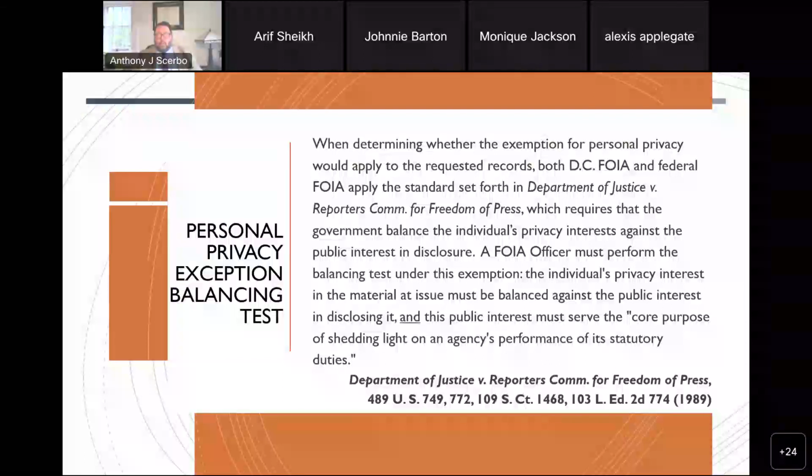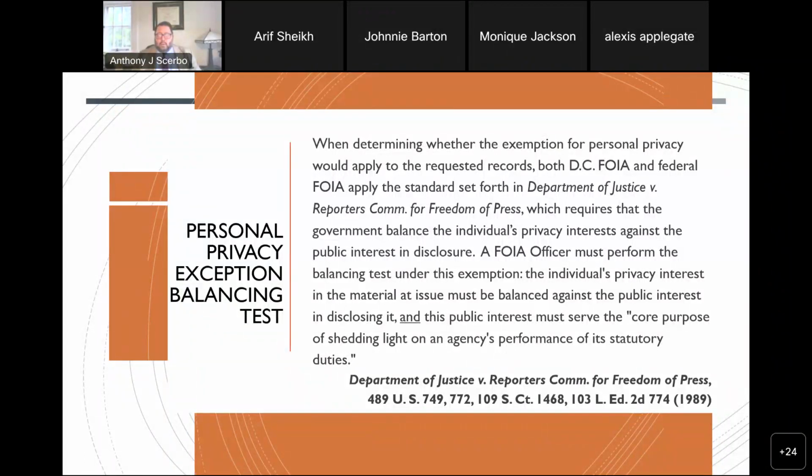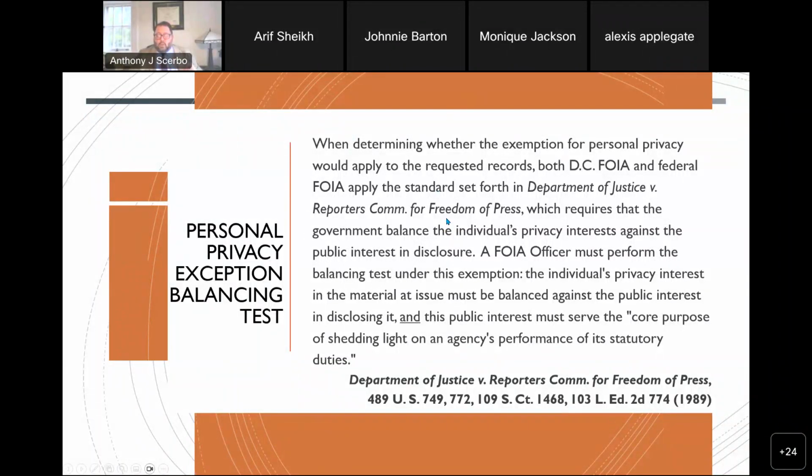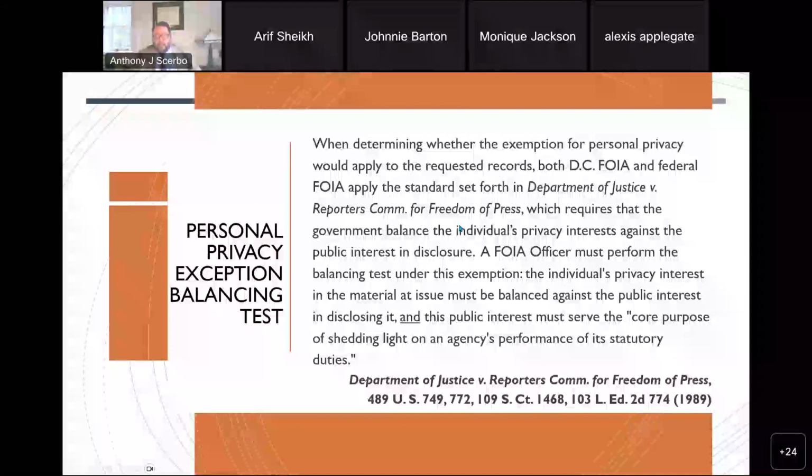So a FOIA officer has to perform the balancing test. The individual's privacy interest in the material at issue has to be balanced against the public interest in disclosure, and this public interest has to serve the core purpose, quote, of shedding light on an agency's performance of its statutory duties. That's from the same case.